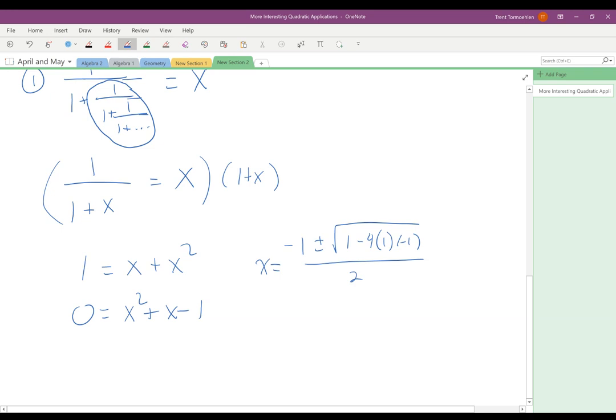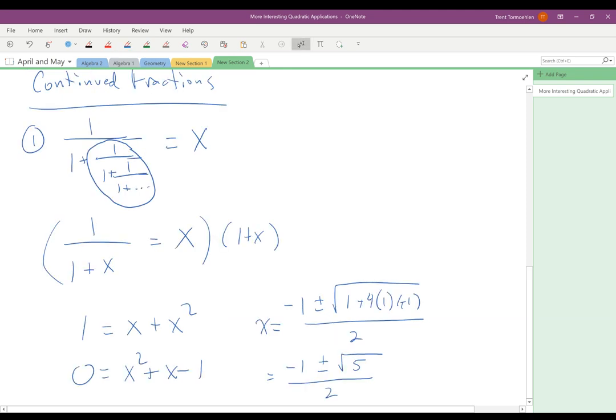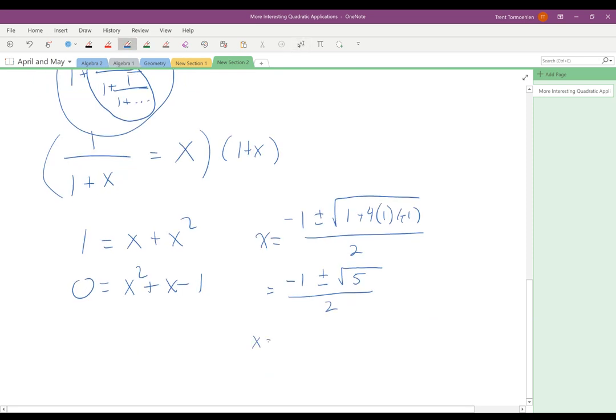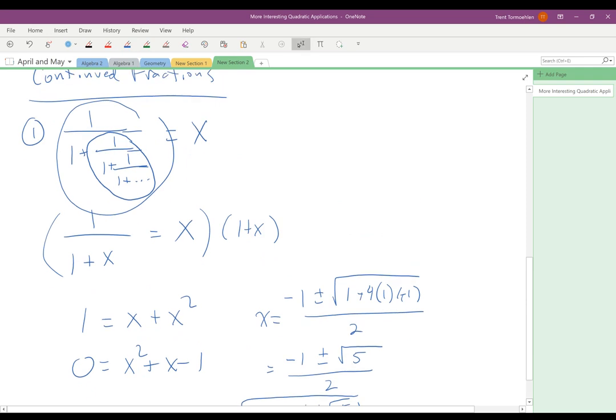So that gives you negative 1 plus or minus the square root of, well, this turns out to just be 5. So negative 1 plus or minus square root of 5 all over 2. It can't be negative. This is positive, and so the negative value is not going to work. So that means x equals negative 1 plus the square root of 5 all over 2. And so the value of this is negative 1 plus the square root of 5 all over 2.